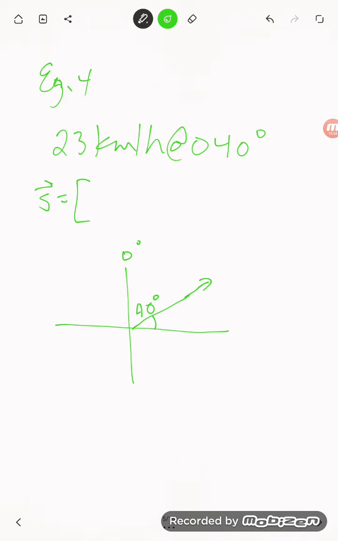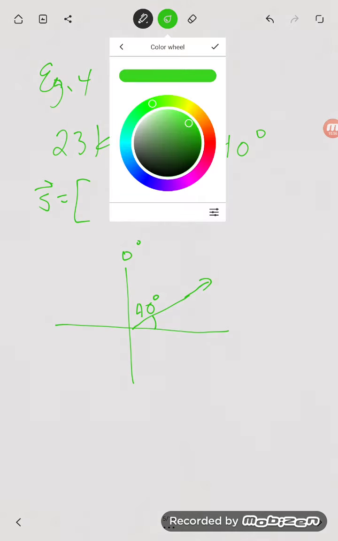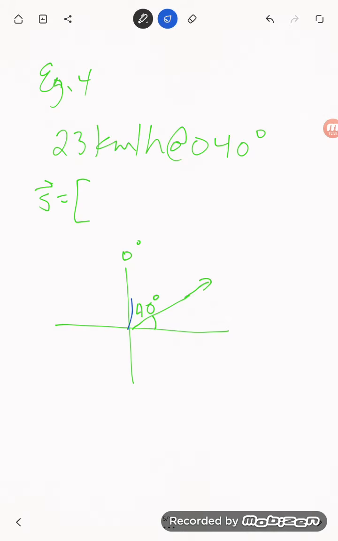I mean, technically we could do it this way. Or we could just get this angle, which is 50 degrees, and do it this way. Either way is fine, actually.